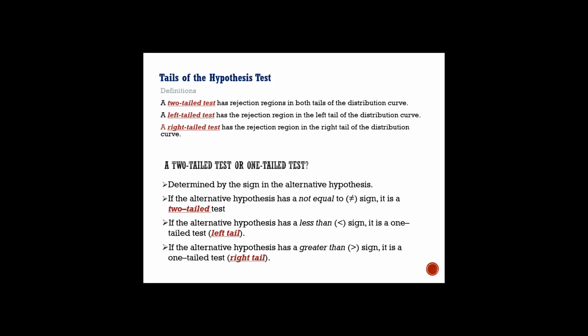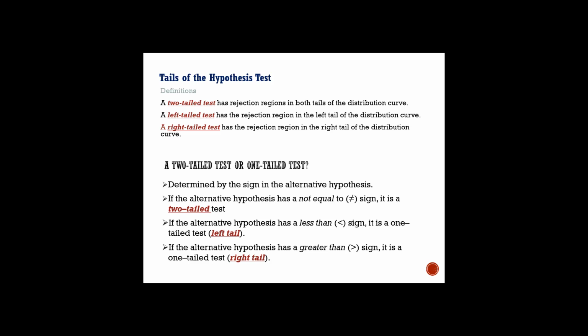Well, first, we look at the sign in the alternative hypothesis. If the alternative hypothesis has a not equal sign, then it's a 2-tailed test, because it could be rejected if it's too high or if it's too low, if it's in the positive side or the negative side. So we have to have those 2 rejection regions. That's our not equal.